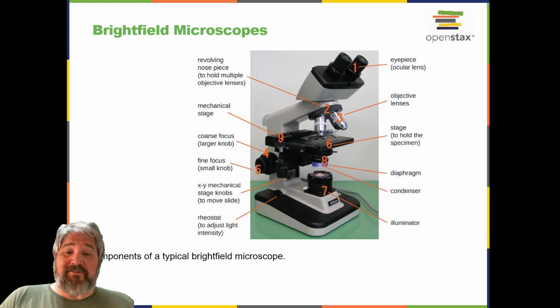Generally, as you go up in magnification, you will likely need to increase the light level, so you will adjust the rheostat. A brightfield microscope creates an image by directing light from the illuminator at the specimen. This light is differentially transmitted, absorbed, reflected, or refracted by different structures. Different colors can behave differently as they interact with chromophores, pigments that absorb and reflect particular wavelengths of light, in parts of the specimen.